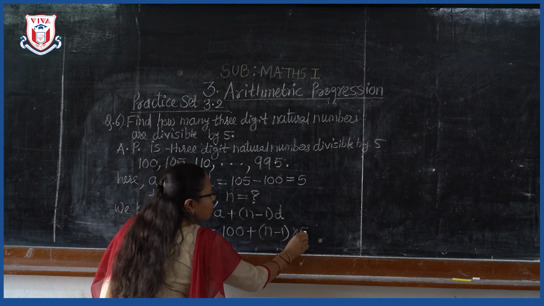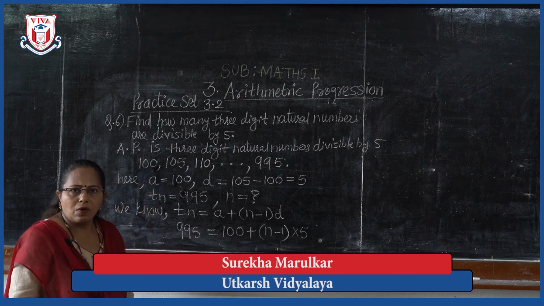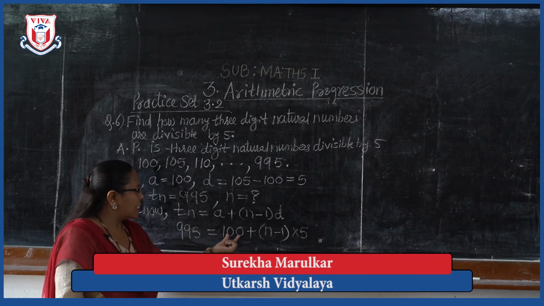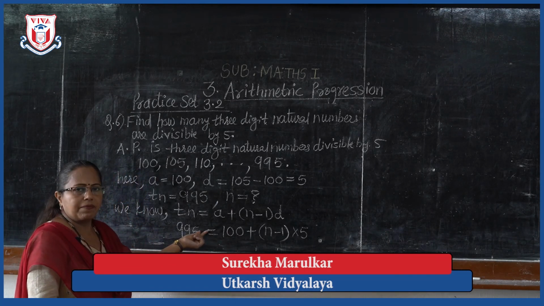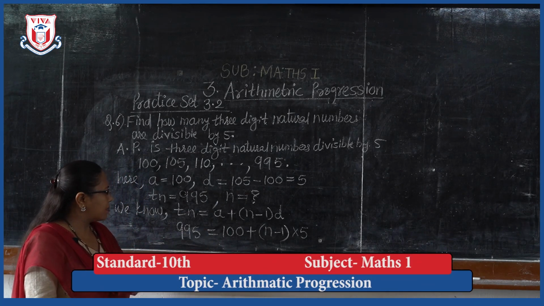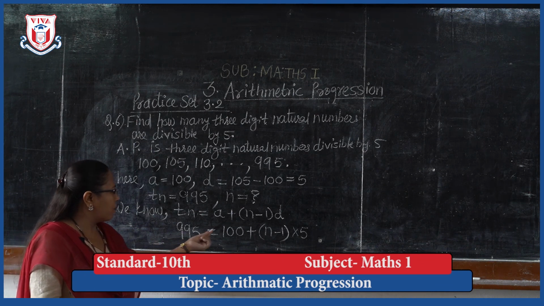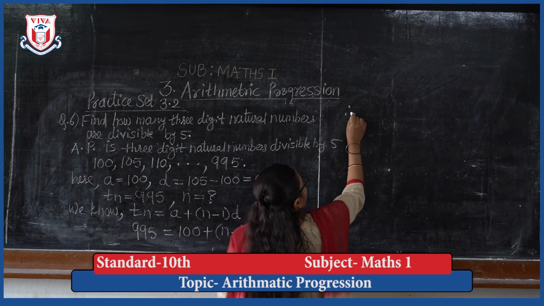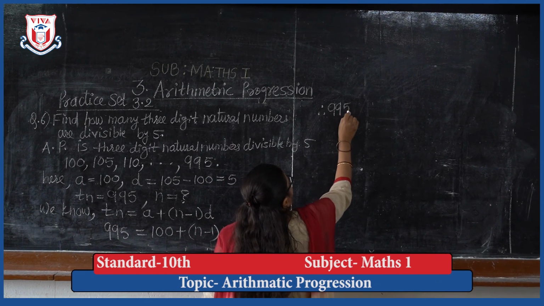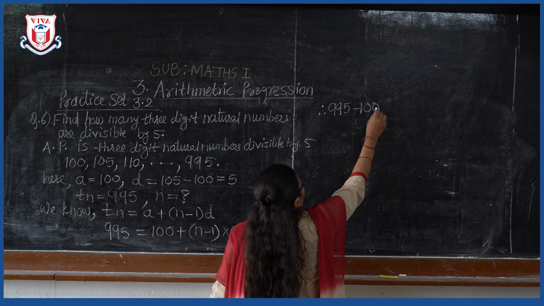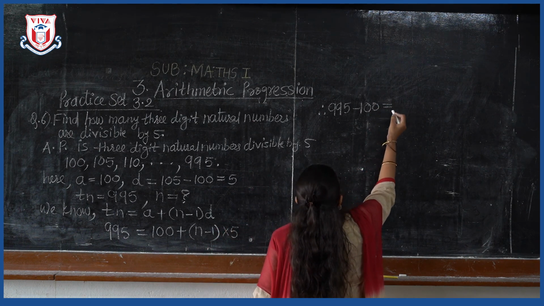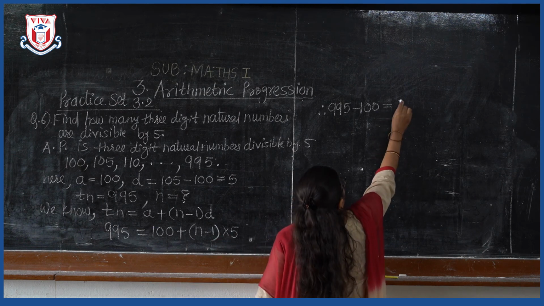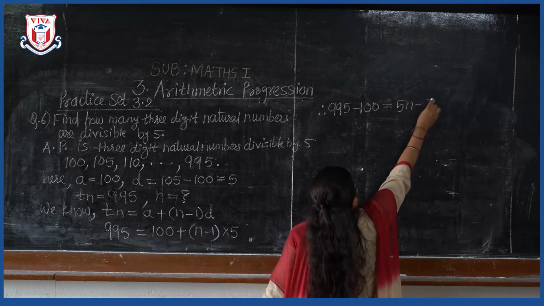Into 5. Now here we have to multiply this bracket, and this 100 we will take to the left hand side. So the next step is 995 minus 100 equal to, now multiply n minus 1 by 5, we get 5n minus 5.